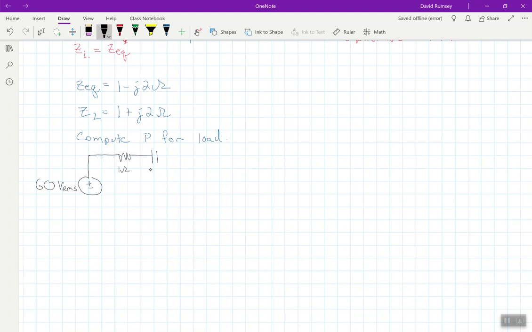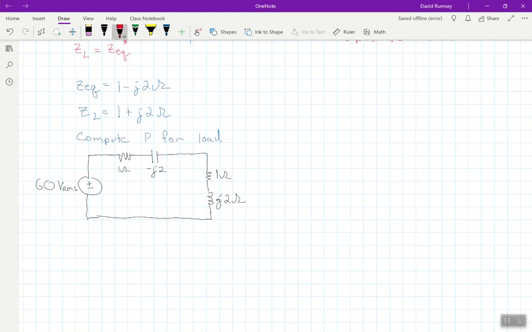I have 1 ohm minus J2 ohm, and then I'm going to put on a 1 ohm and a plus J2 ohm.